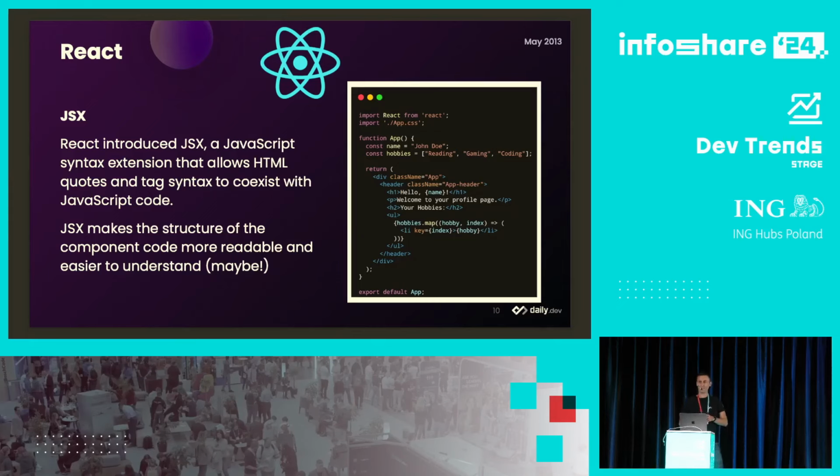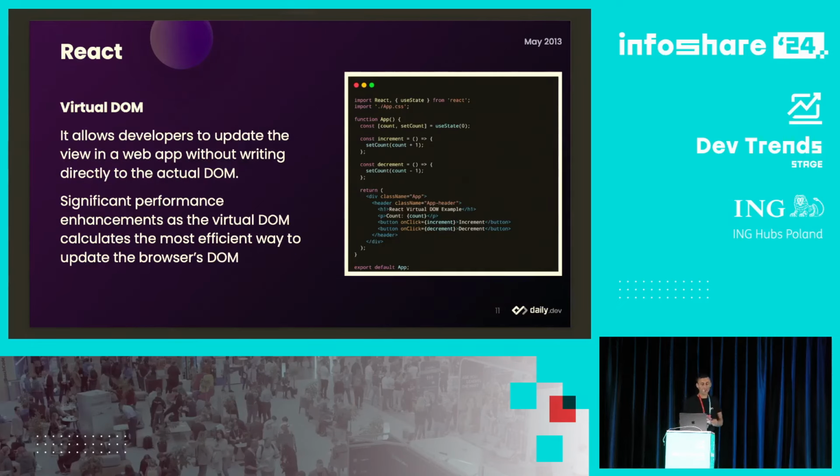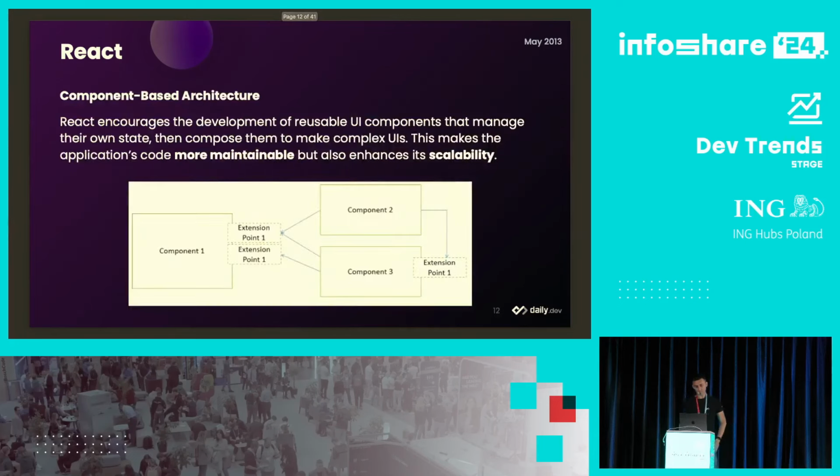I think if you get used to it. React also introduced the virtual DOM, and this allowed developers to create web applications without changing the DOM directly, but having something more oriented to performance, because this was calculated in the most efficient way, sort of automatically.